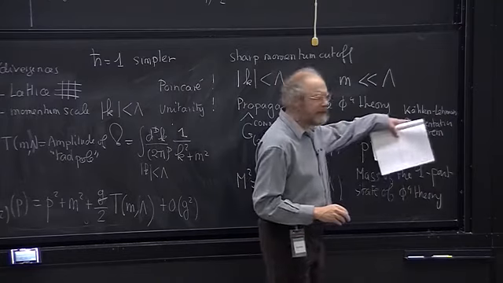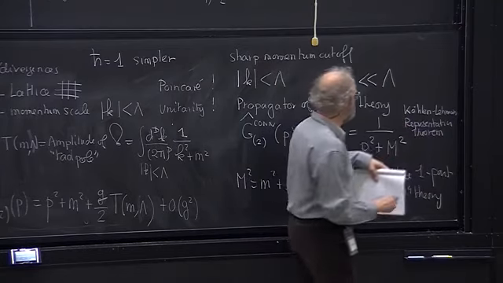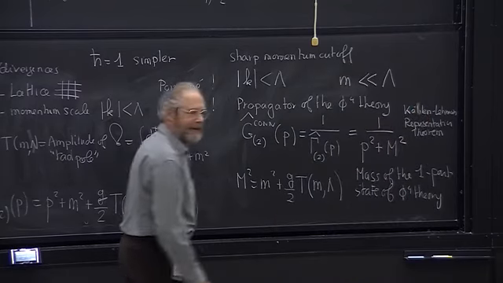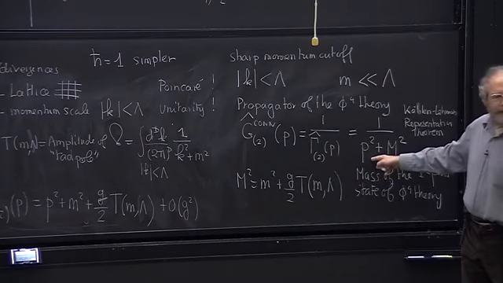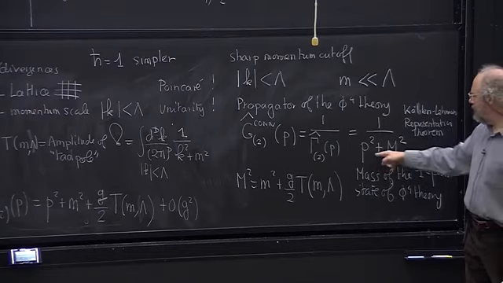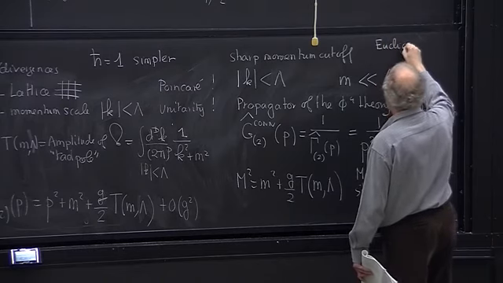I'm not sure, Källén, is it written like that, or is the h somewhere else? No, there are two l's, I think. It tells that the first pole in p squared corresponds to the mass, the first excited state. And here we have p squared plus M squared because we are in Euclidean space.